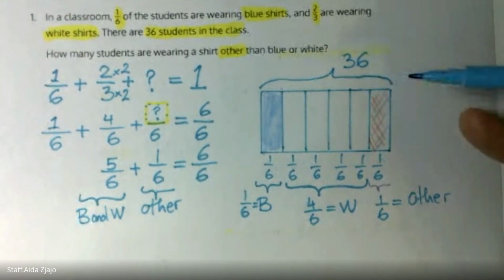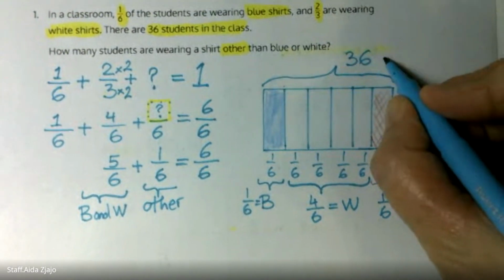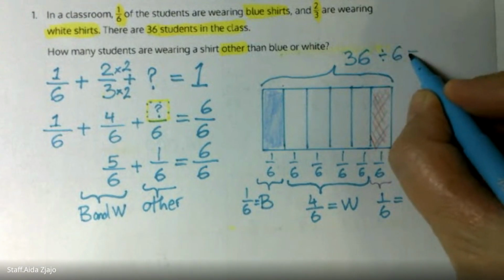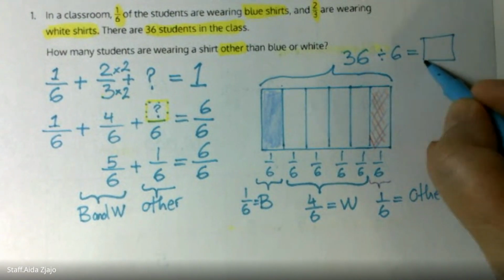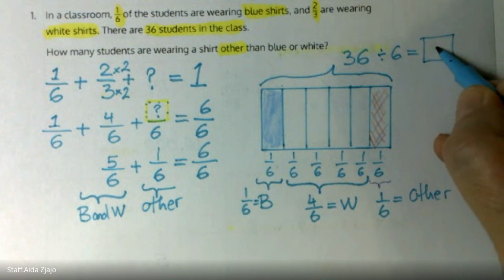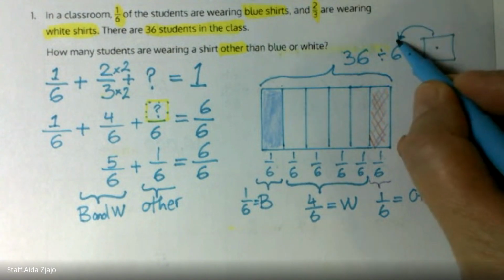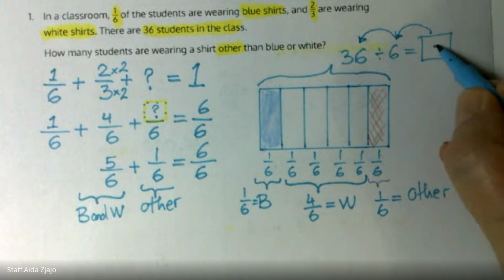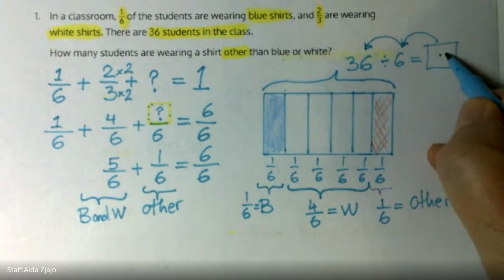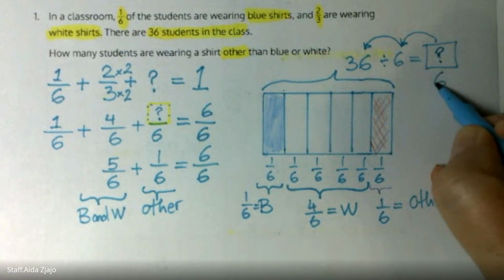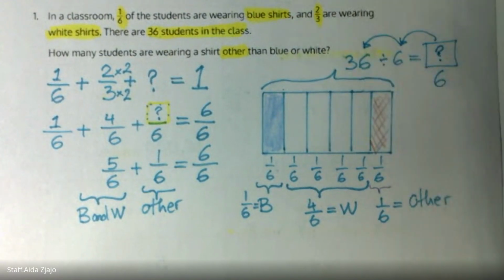Now we need to think, okay, 36 divided into 6 equals what? Or we can think what number times 6 equals 36. By now, you should tell me that this is 6, because 6 times 6 is 36.